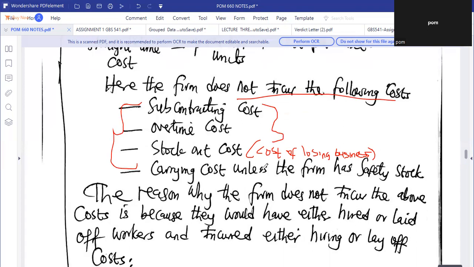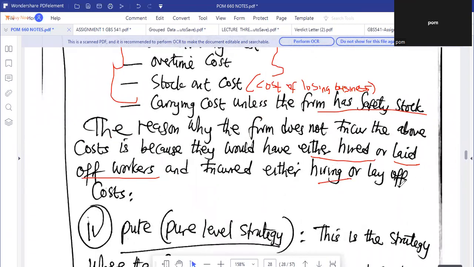All right, so carrying costs. The firm does not incur carrying costs unless the firm has safety stock, the buffer stock. The reason why the firm does not incur the above costs is that they would have either hired or laid off workers and incurred either the hiring or layoff cost for the chase strategy.